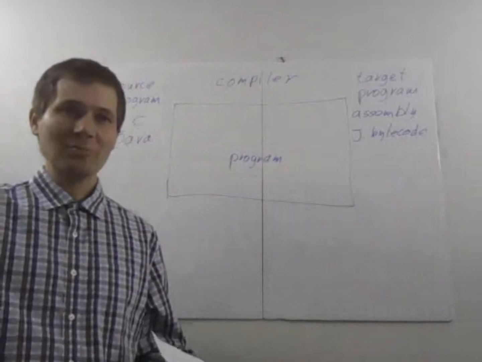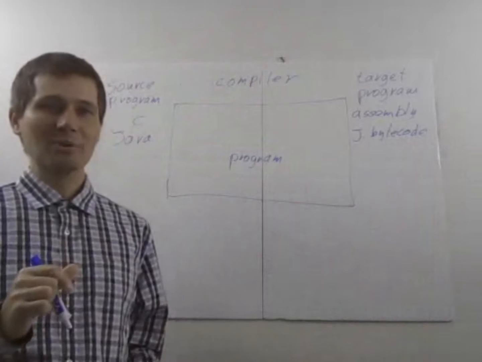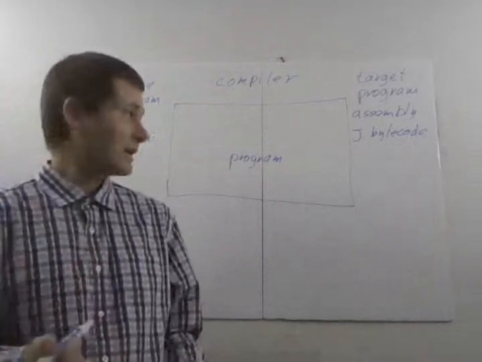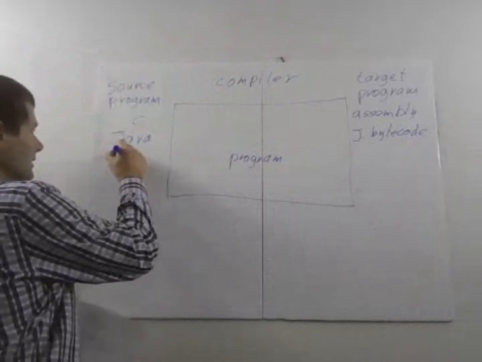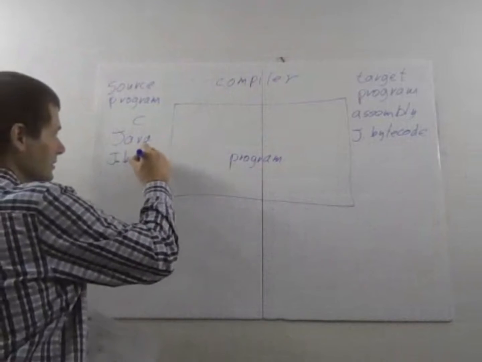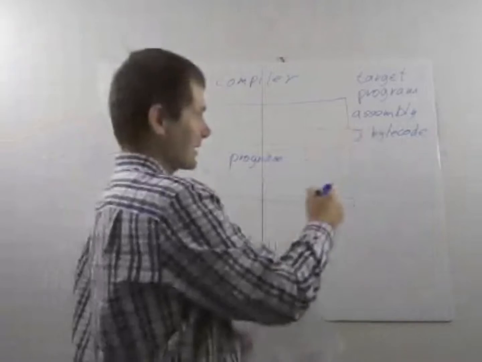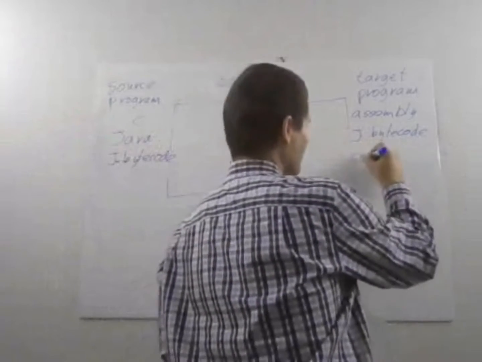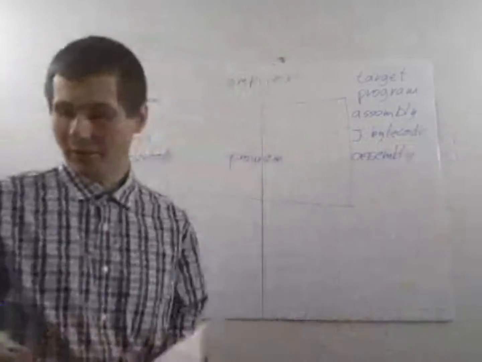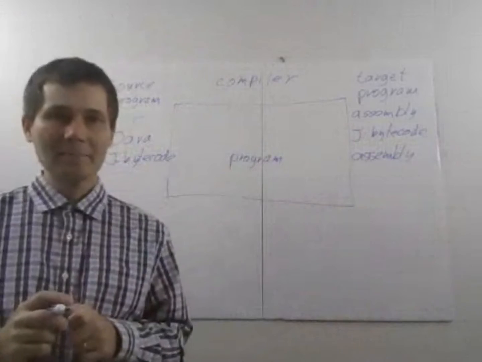It compiles your program right before that part of your program starts running, but it is still a compiler. So there the input would be Java bytecode, the source language, and the target language would be assembly language or machine language to actually run.